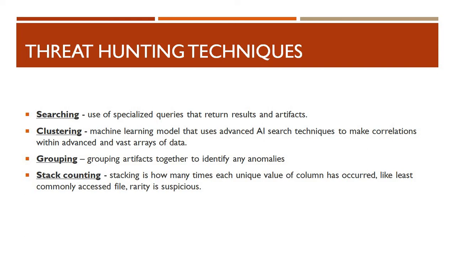That's a way you can count the unique values of a row that occur, and that's the count for that specific value or object. So those are the various techniques of threat hunting which are used in day-to-day life by a threat hunter. The most common one being searching, which refers to manual threat hunting, and clustering, grouping, and stack counting refer to the machine assisted or the automated ones.